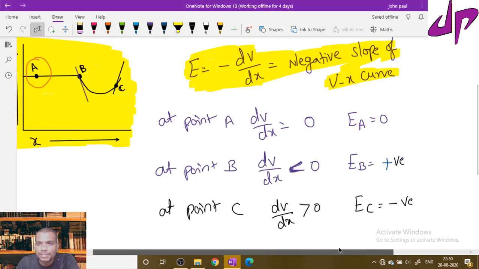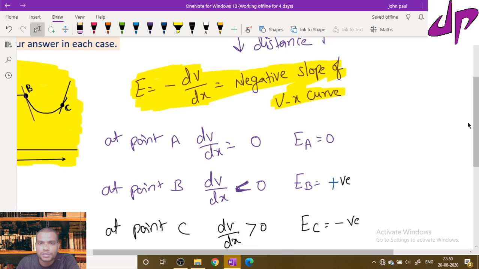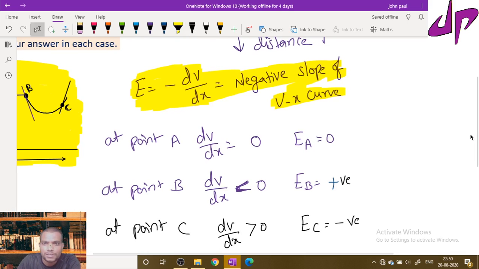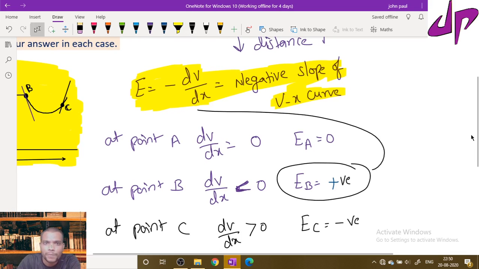Carefully understand how it is negative and how it is positive. We have written these expressions by comparing the terms. If the slope value is negative, the electric field value becomes positive. If the slope value becomes positive, the electric field value becomes negative.